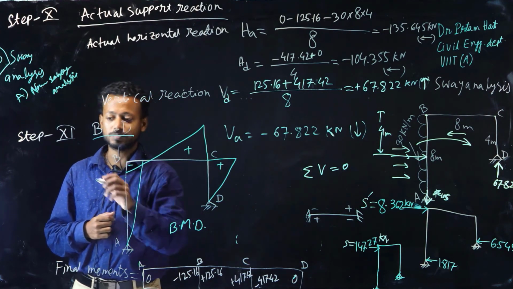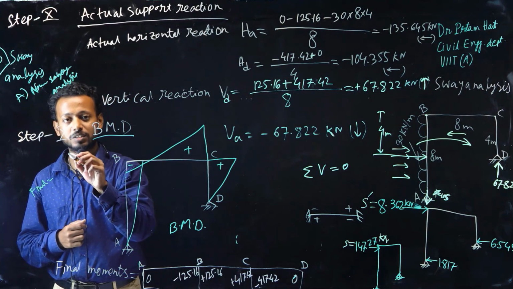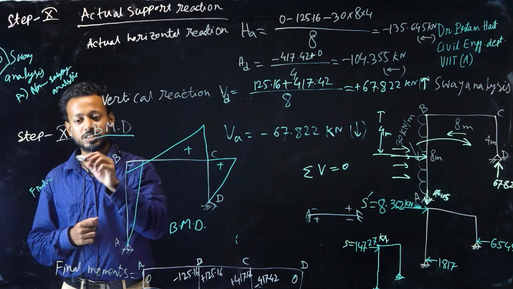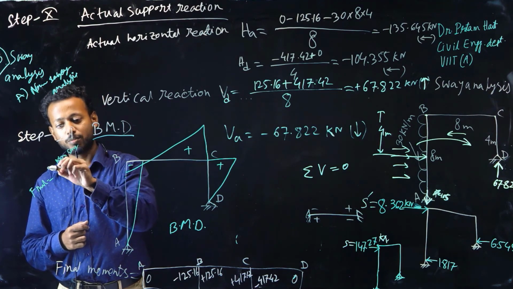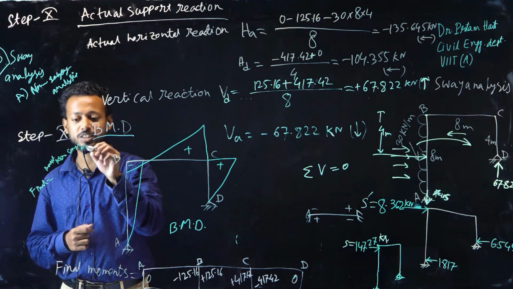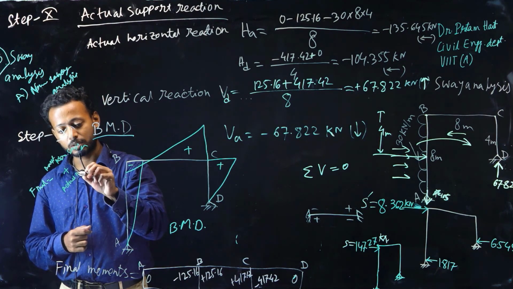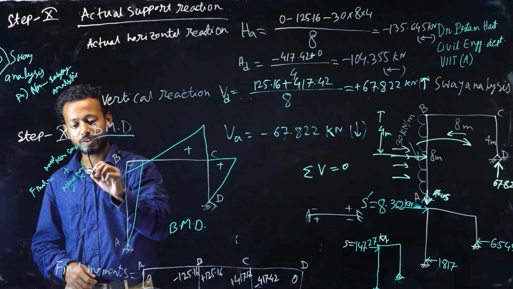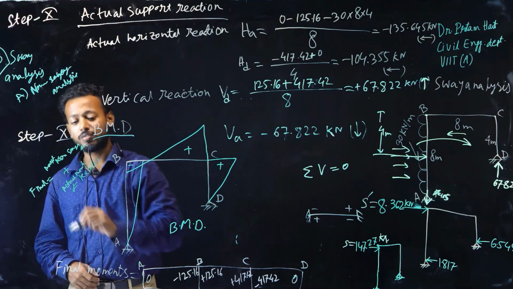Final moment means the moment obtained from non-sway analysis plus the actual moment. So the actual moment equals factor K into column A moment. This will give you the final moment.